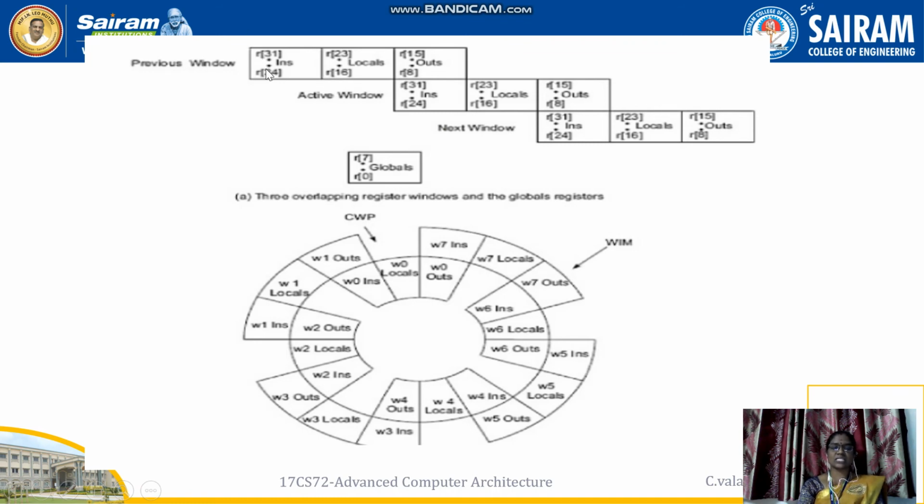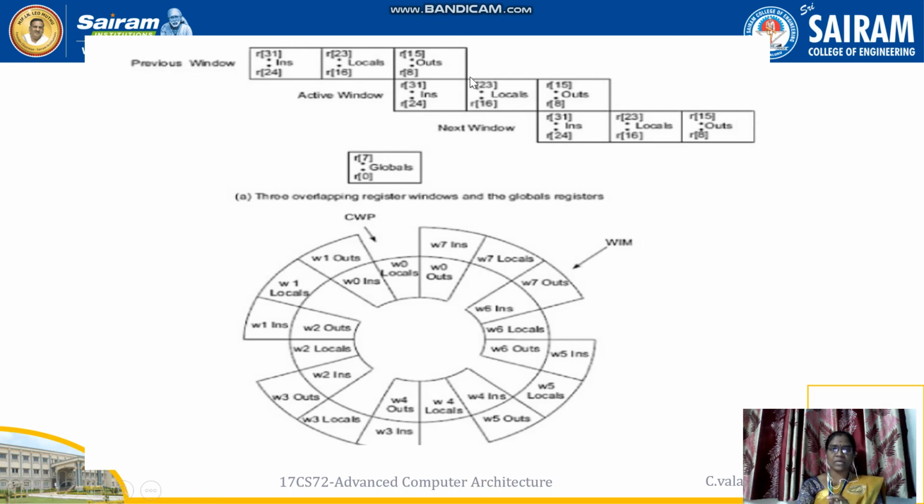Here, how these registers are allocated and how they interact with each other is the highlighted point. So I am repeating once again. SPARC architecture has 32 registers labeled from R0 to R31. The first 8 registers are called global registers, labeled from 0 to 7.